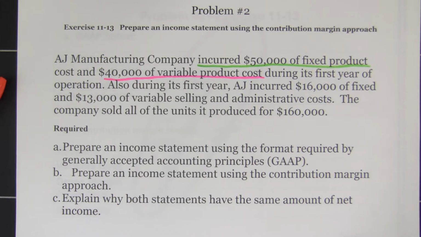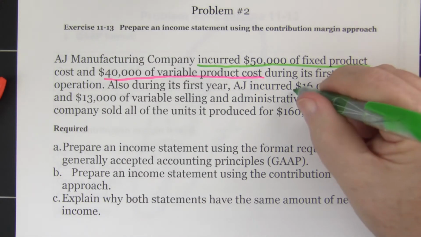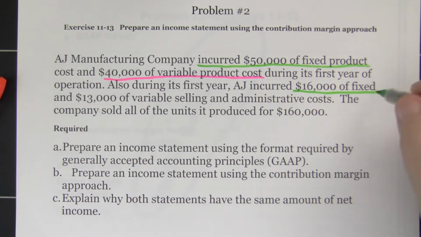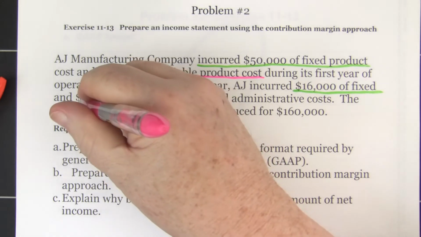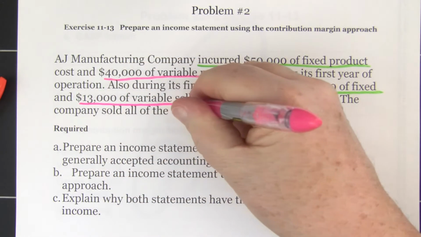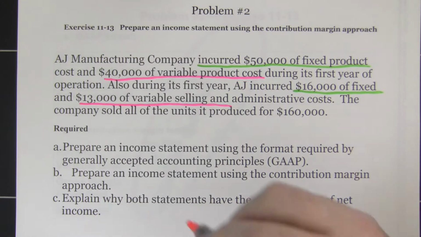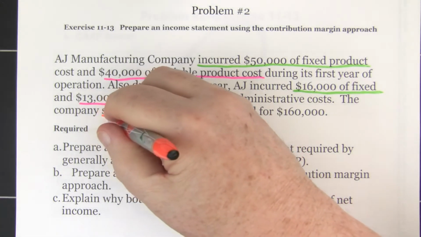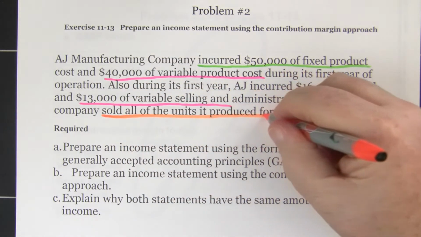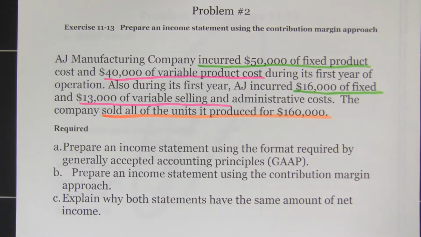They also incurred $16,000 of fixed and $13,000 of variable selling and admin cost. The company sold all of its units, so there's no beginning inventory to fuss with and no ending inventory. They made and sold every unit for $160,000.